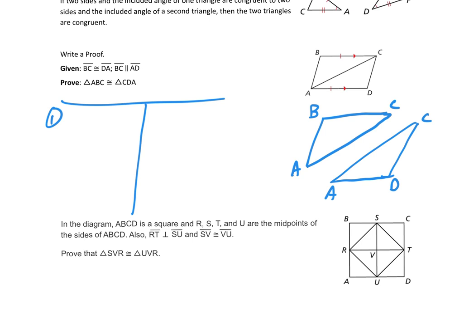Yesterday we saw some problems where it's just marked on the picture, okay? And so either one of those or both are okay. In this case, we're going to list those 2 pieces of information out. BC is congruent to DA. BC is parallel to AD.